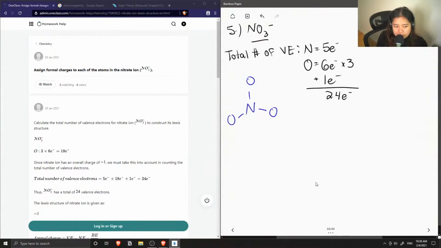However, nitrogen doesn't have a full octet. So we need to make one of these have a double bond, like so. So now we have a Lewis structure for NO3.